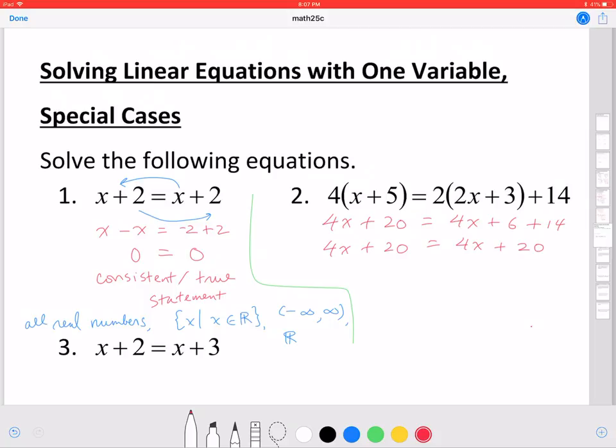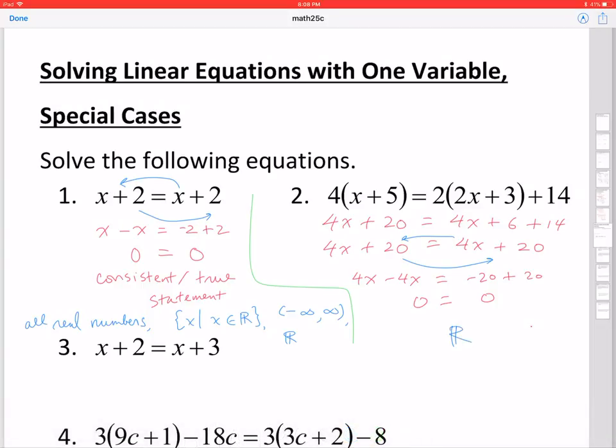If we try to do the usual routine of subtracting 4x on both sides, subtracting 20 on both sides, we end up with the same situation as the previous problem, that 0 is equal to 0. So again, the answer is the same as problem number 1, which is the set of all real numbers. I can just write this as my solution.